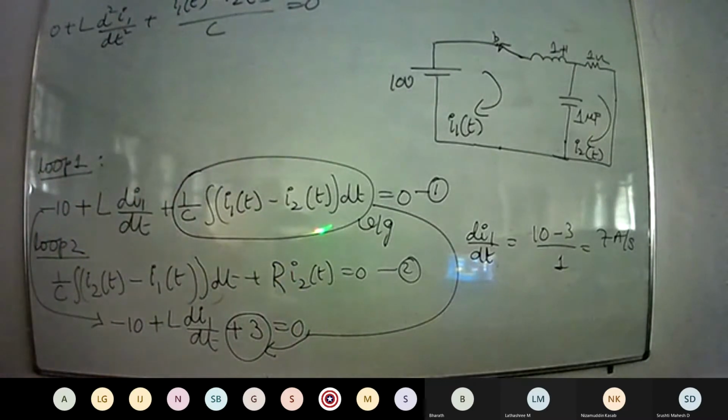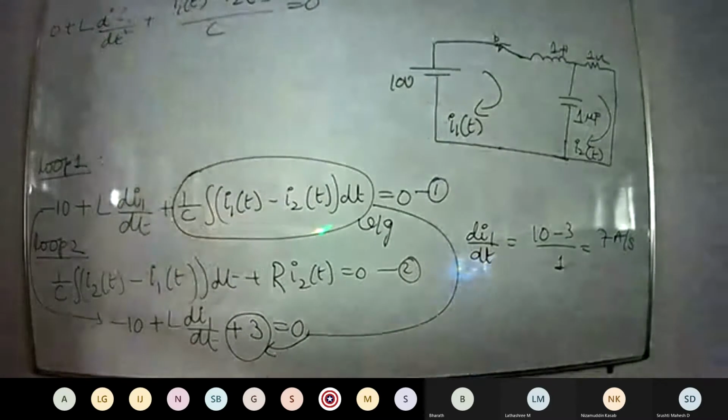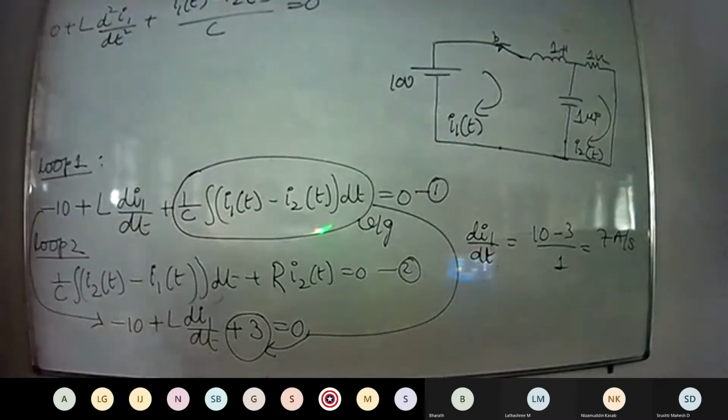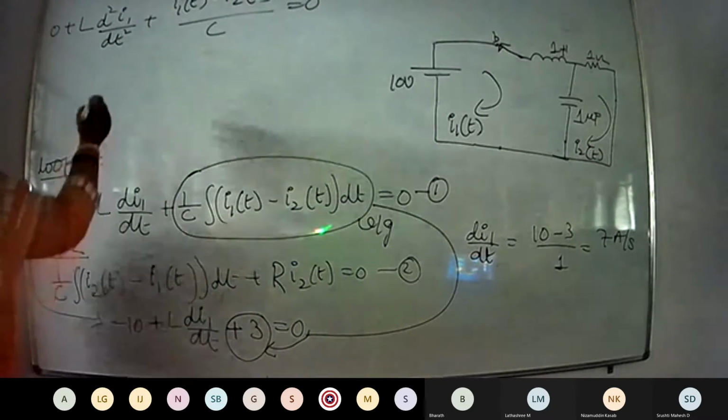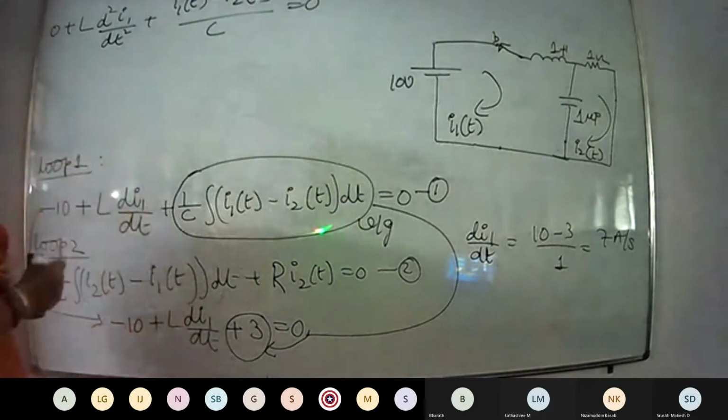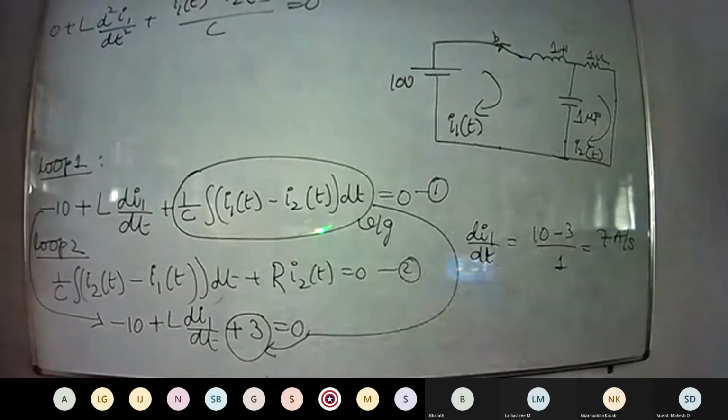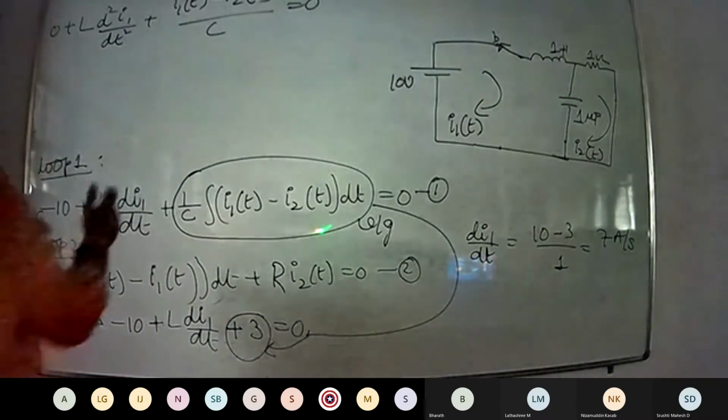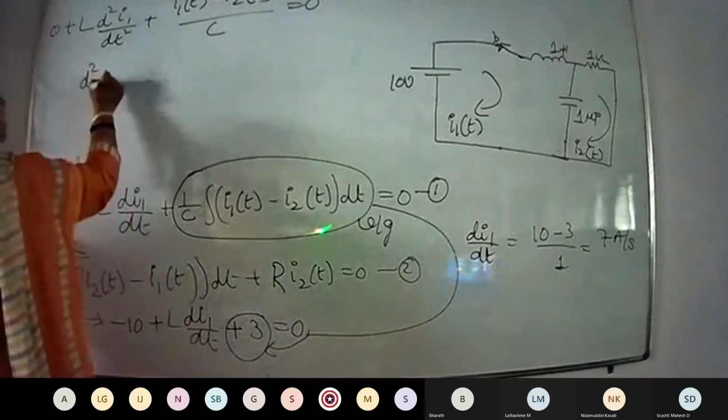Next, how do we find d square I1 by dt square? How much is I1 of t and I2 of t? From the previous condition, it was 3, right?